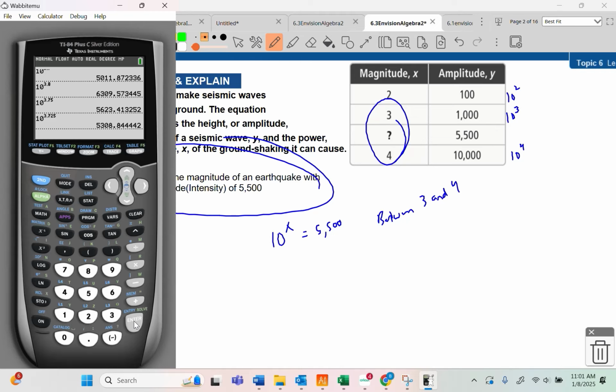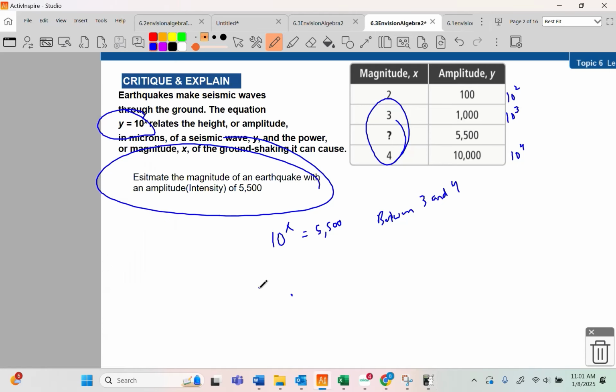Now, what a mathematician would do is they would say that a log base 10 of 5,500 is x.